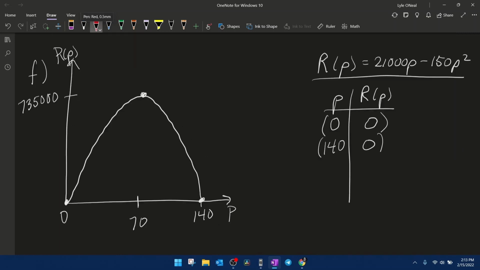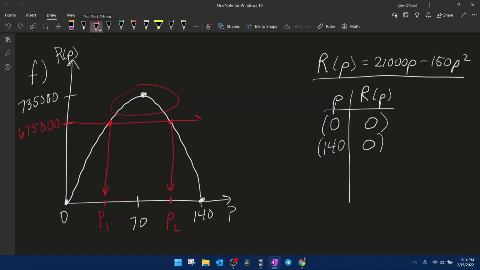So looking at the graph, knowing that $675,000 is lower than $735,000, we want to make at least that much money, which means that there's going to be two prices, call it P1 and P2, that I'm going to need to stay between in order to keep those profits above $675,000. Now the question is, how do I find those values?